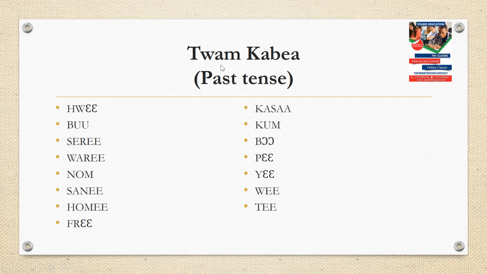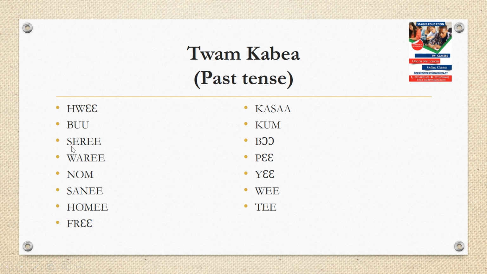Twam Kabea. Twam means past. So let's see how it sounds. So the hwɛ, it becomes hwɛɛ in the past tense. Bu becomes buu.